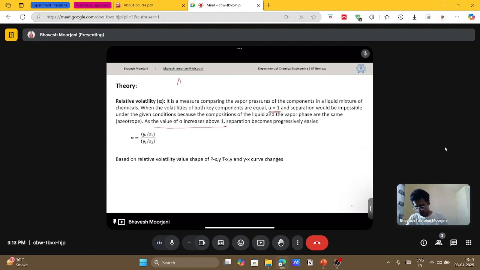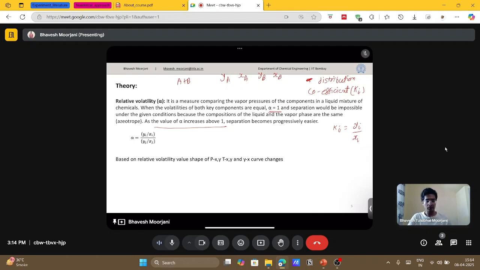So let's say I have a component A plus B mixture. We have data of YA, XA, YB, XB over different temperature and pressure conditions. So one thing we can compute is the distribution coefficient, that is Ki. So Ki is equal to Yi by Xi.